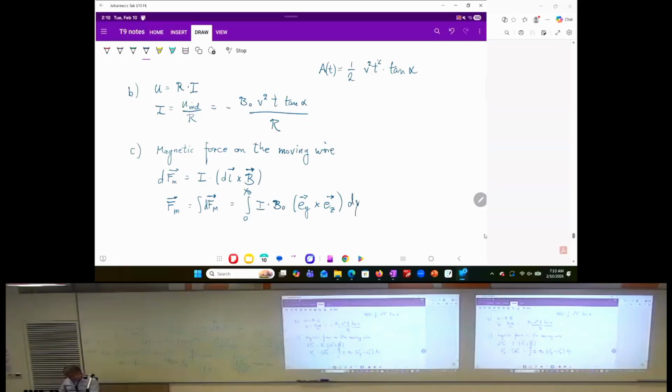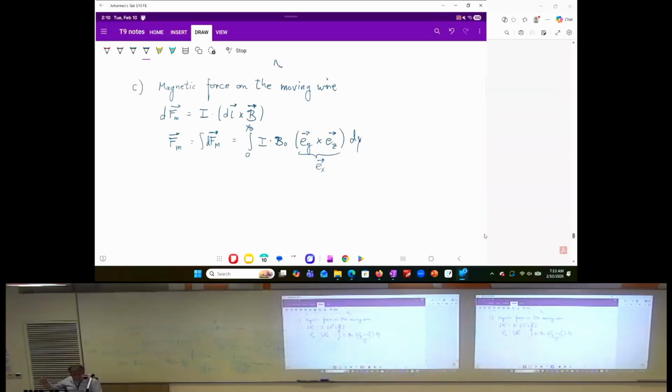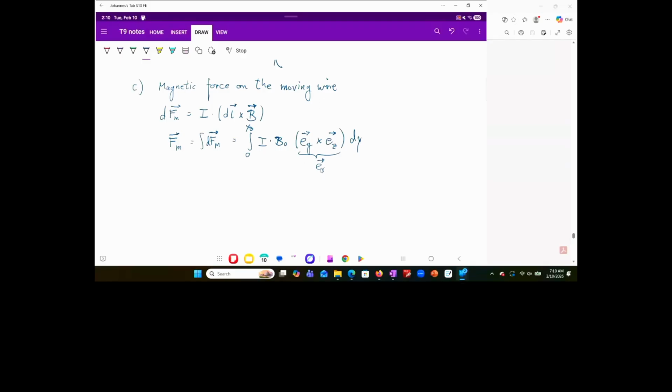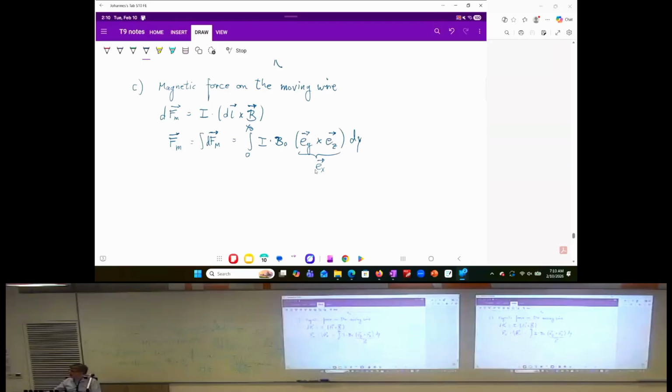If you take the right-hand rule, ey cross ez gives you ex, and you can always quickly verify that with the right-hand rule. The first element gives what you align with your thumb, the second is what you align with your index finger, and the resulting direction is where your middle finger points.